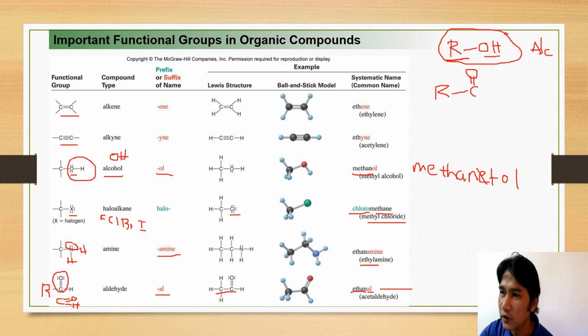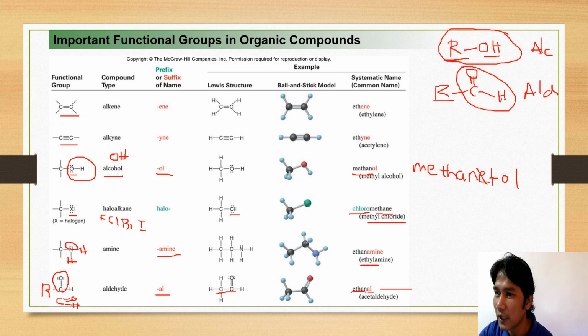You always write the carbonyl connected to the R, because the carbonyl alone does not stand, so it must be connected to the rest of the molecule. So this is the general formula of aldehyde.